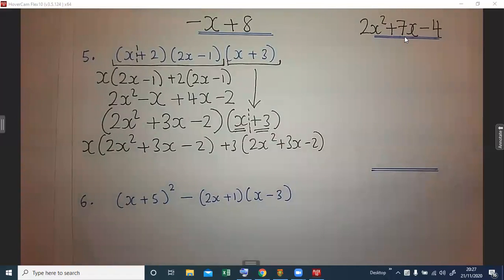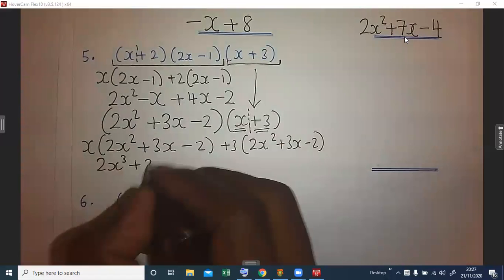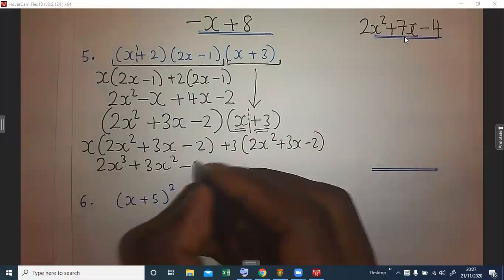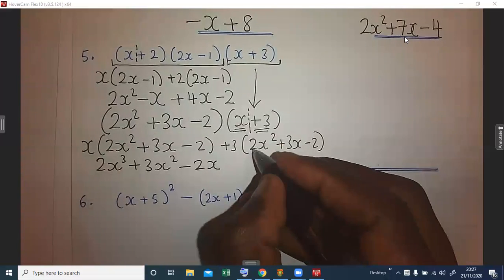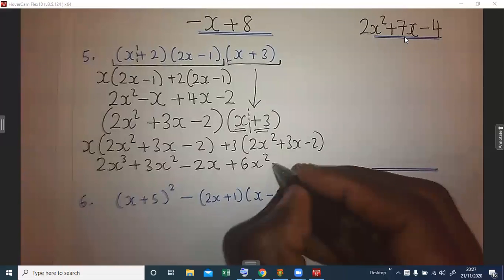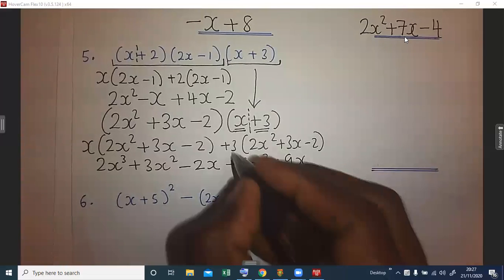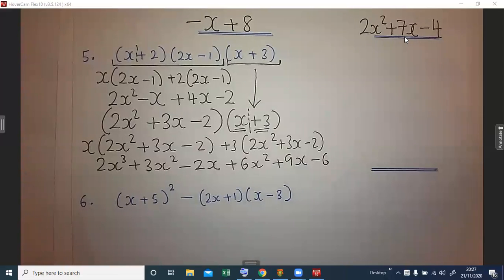So when we open the bracket, we shall get 2x cubed plus 3x squared minus 2x. And this side, 3 times 2, we shall get 6x squared. 3 times 3, we shall get 9x. And 3 times minus 2 shall get minus 6.